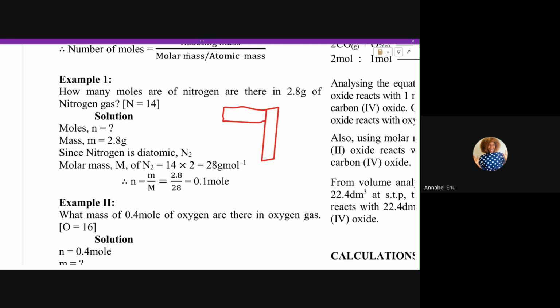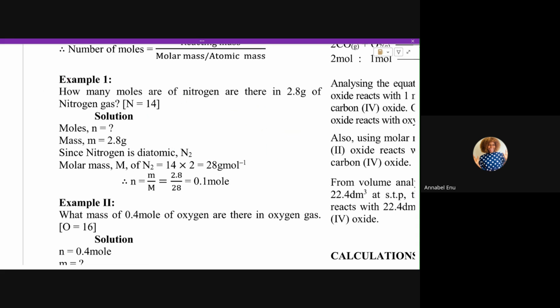But if that's not the case, the first thing that should come to our mind is, what formula can I use to get this? And then we put down all the information that has been given to us.